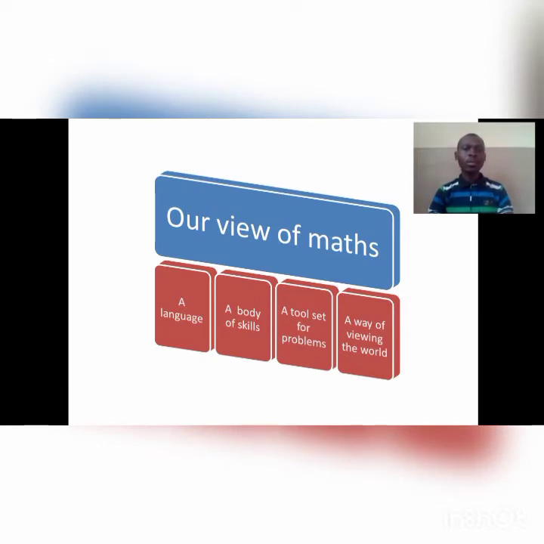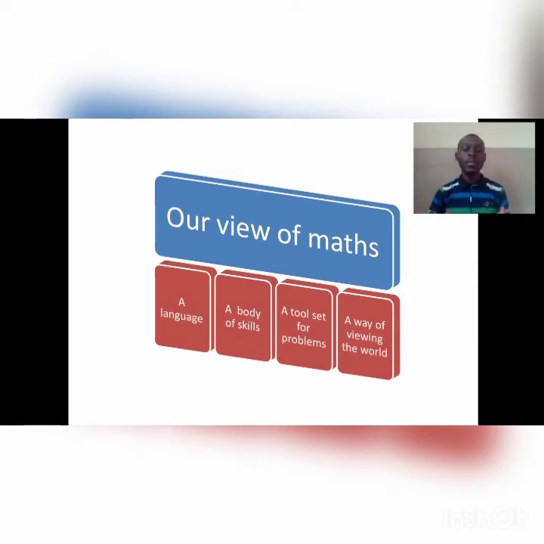At M-Squared Learning Solution, we view mathematics basically from these four angles or viewpoints. The first one is that we see mathematics as a language, and we also see it as a skill, a body of skills, meaning there are many things you will learn that when you put them together, it can help you in solving a lot of problems.